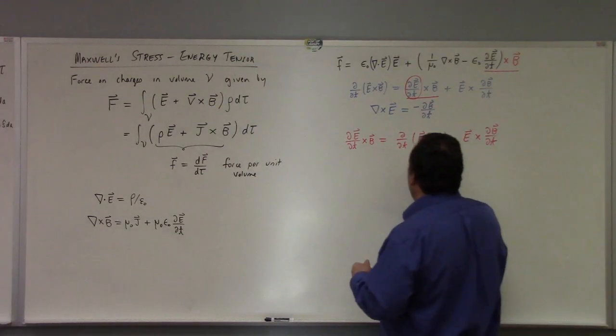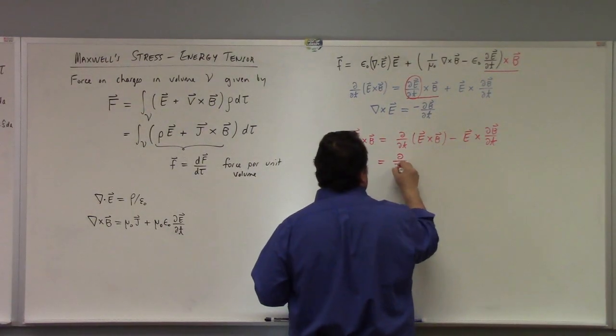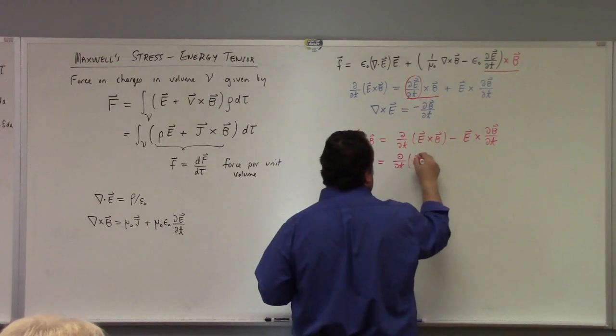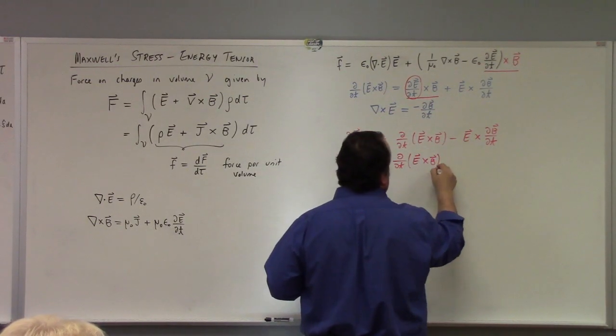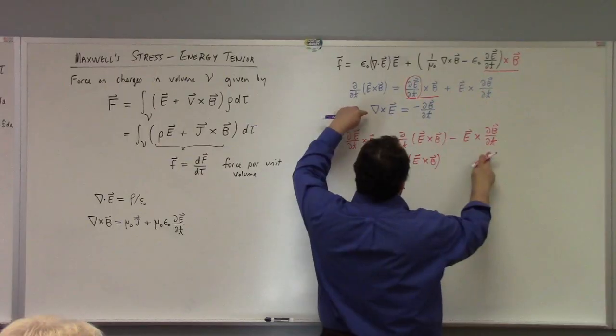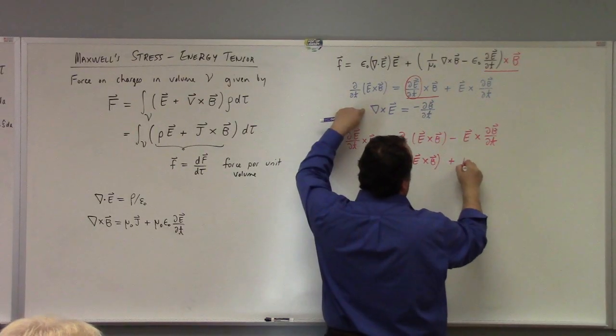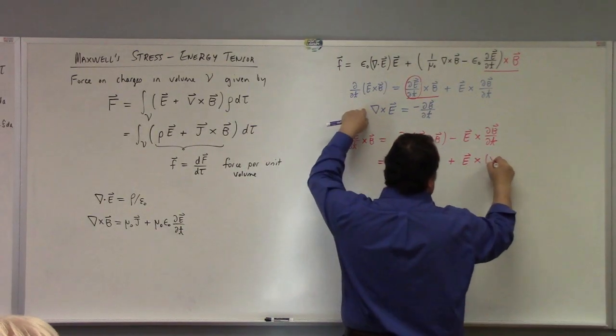But notice that this is partial T of E cross B, and I can trade out this minus partial B partial T for a plus E cross the curl of E.